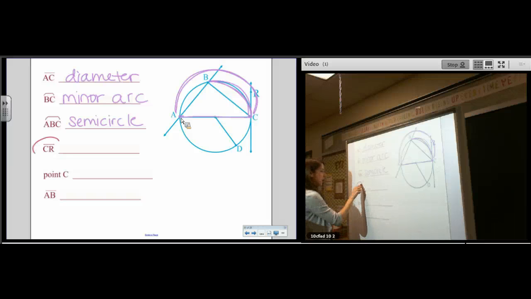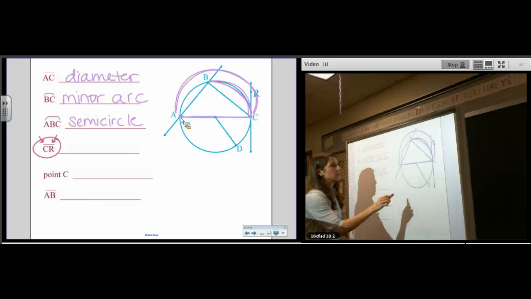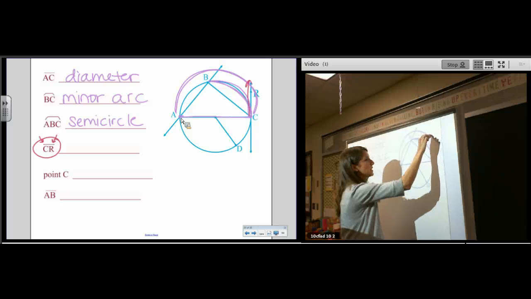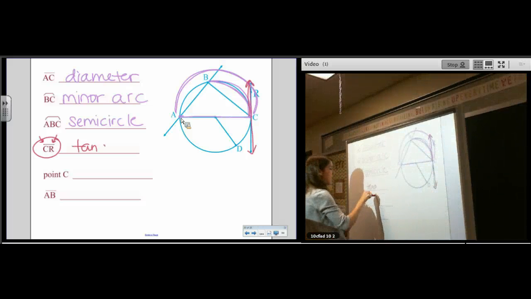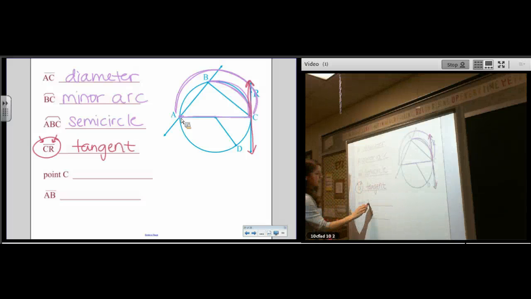Now, be careful. CR, do you see that that has arrows? They're very small, but it does have arrows. So it is a line, and it is specifically a tangent line. So point C would be the point of tangency. And lastly, AB.